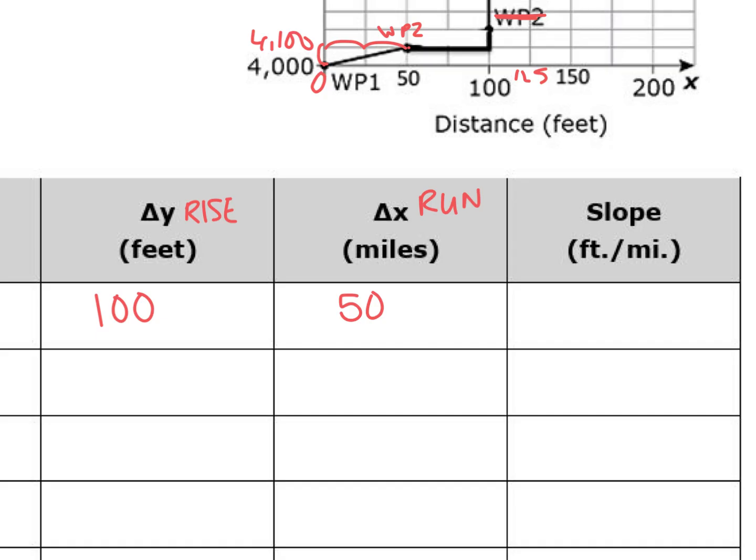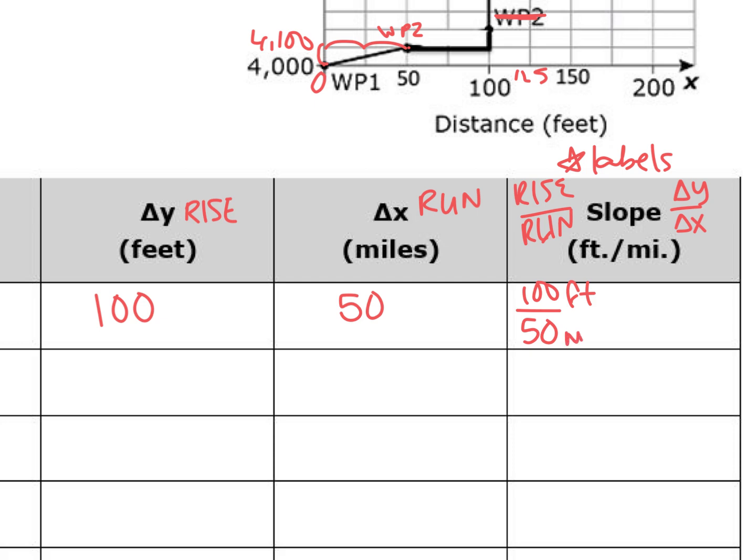So our slope is that change in y over change in x, or that rise over run. So if we're rising 100 and we're running 50, and notice our labels, right? We want to make sure we use labels. Feet per minute.